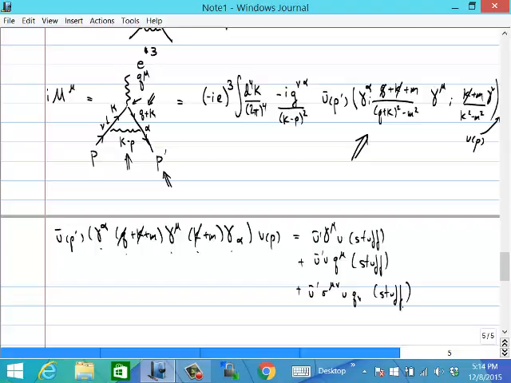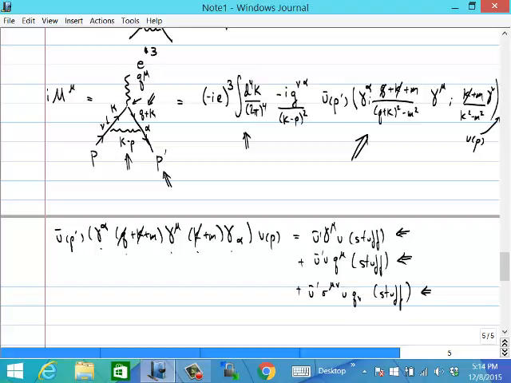That's a reasonably straightforward calculation. And one of the things that I claimed for you was that by the Ward identity, whatever you get that's proportional to q mu has to be equal to 0. That was a consequence of gauge invariance. And when you calculate all of this out, what you'll find is that the stuff that you find here precisely integrates to 0 when you do the integral d4k, whereas the stuff that you find here and here actually does not integrate to 0.